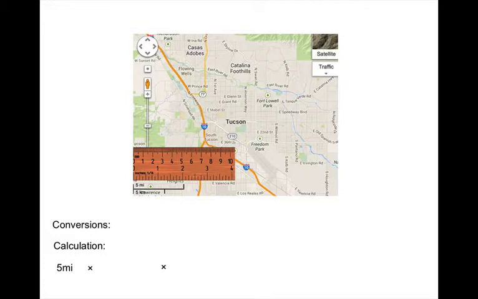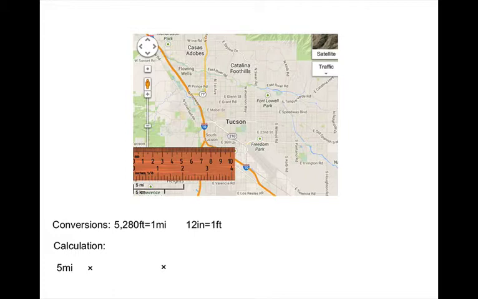The conversions that I need this time are that there are 5,280 feet in 1 mile and that there are 12 inches in 1 foot. I'm going to turn each of these into a clever fraction, just like before, being careful that the unit that I want to get rid of is in the bottom so that it cancels.